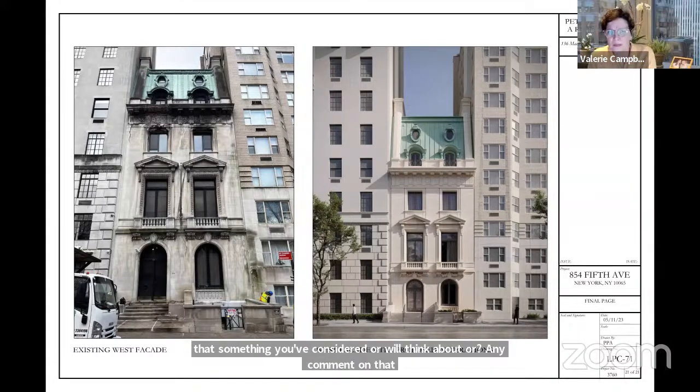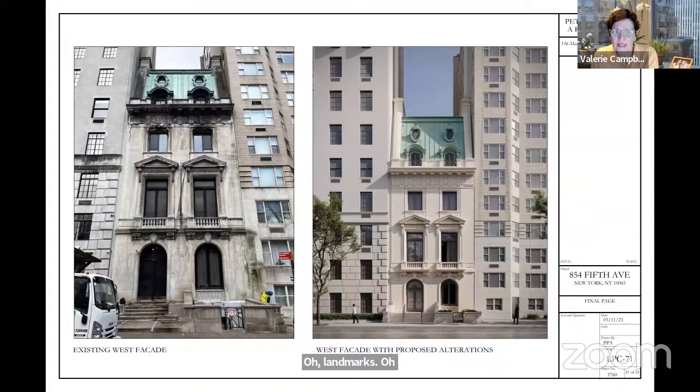Landmarks only designates interiors that are customarily accessible to the public. That's a statutory requirement. So you had the former Four Seasons restaurant, you have theaters. They have not, to my knowledge, designated interiors of private clubs.